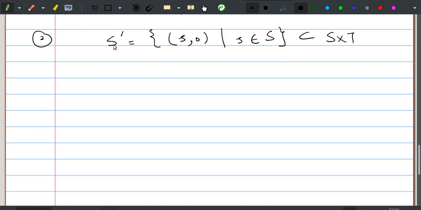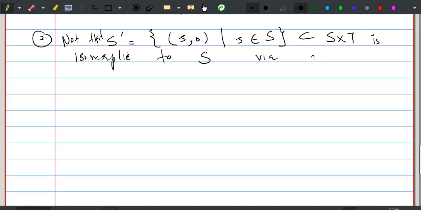Now note that S prime is isomorphic to S via the map (s, 0) goes to s.